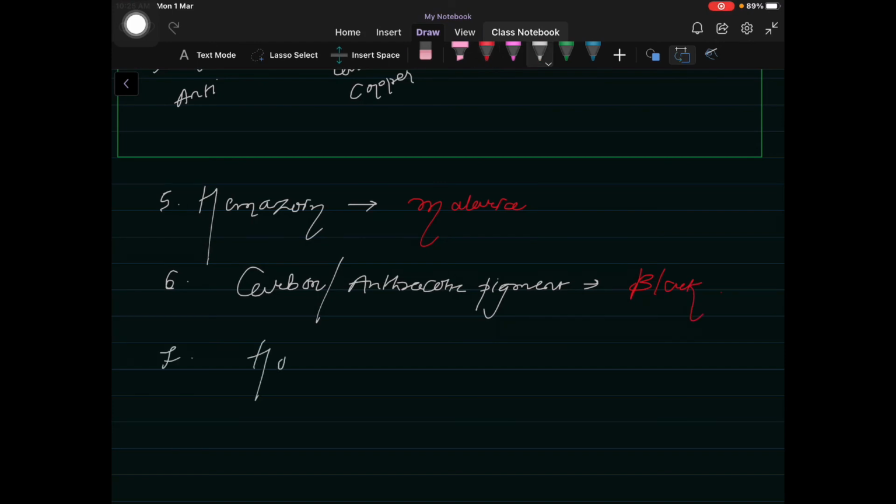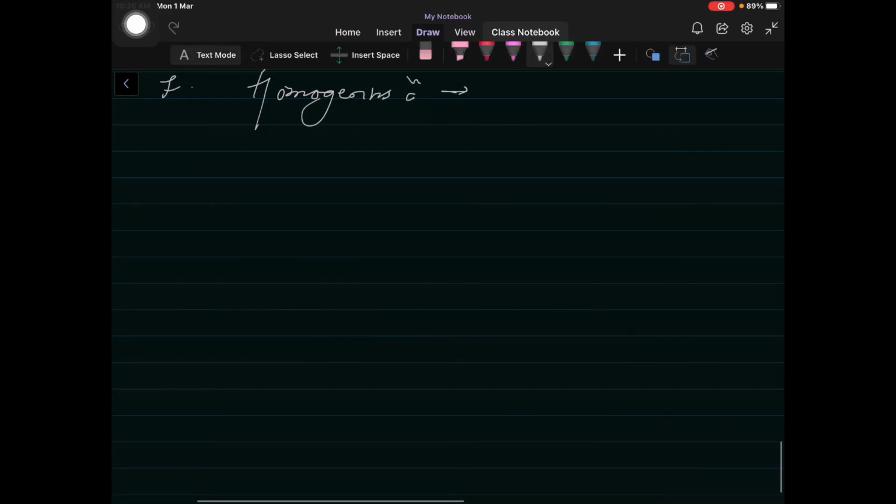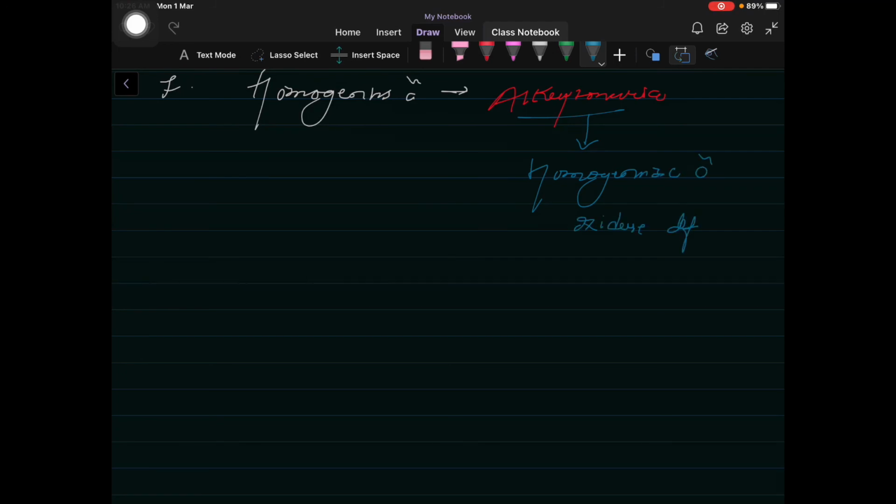And the last pigment is homogentisic acid. Generally homogentisic acid gets accumulated in the case of alkaptonuria. We know that alkaptonuria is nothing but homogentisic acid oxidase deficiency.